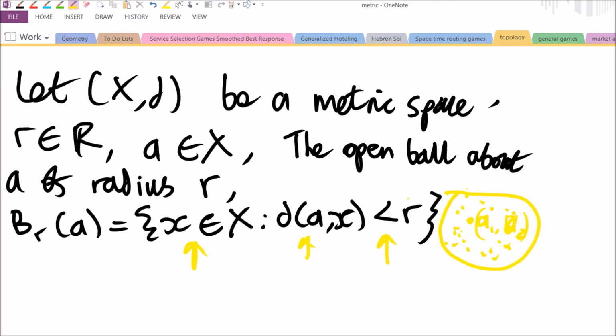Okay then, so it's interesting to think about different metrics in the plane and what the different so-called open balls look like. I mean, obviously, this concept of an open ball works well if you're thinking about Euclidean three-dimensional space, because it is literally then a ball. But when you think about many other metrics, it doesn't look so much like a ball.